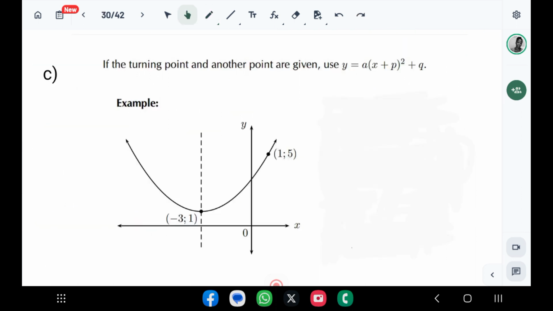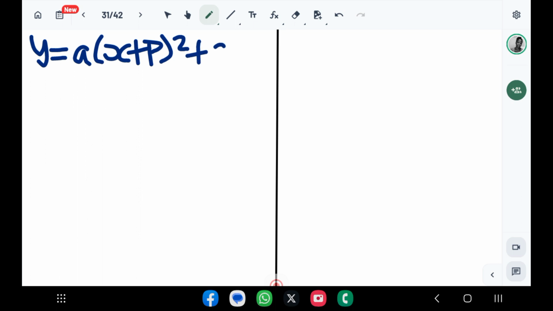Now the final scenario is if the turning point and another point are given to you, use the second standard format: y equals a in bracket x plus p all squared plus q. Okay, the turning point is given to us.